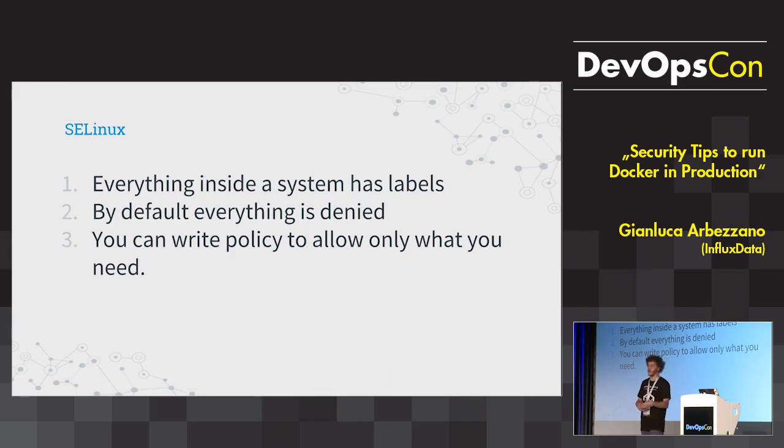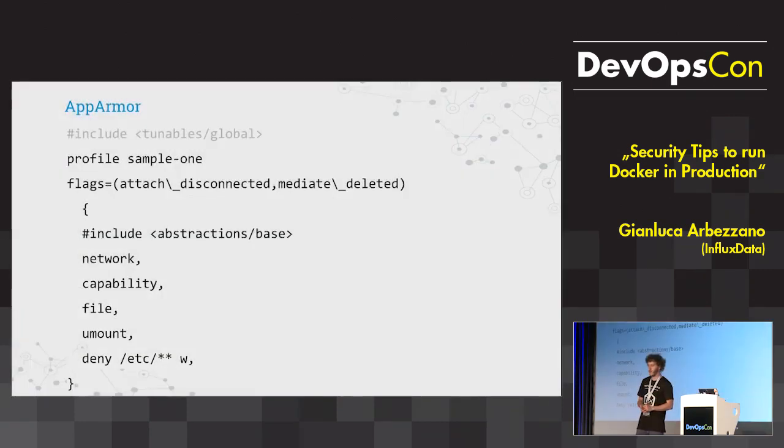You can say, I don't know, you cannot write this file, or you cannot read this socket. And you can attach all this policy to your running container. Docker supports SELinux policy. It means that when you start a container, you can specify the proper SELinux policy, and you can confine your container with that policy.